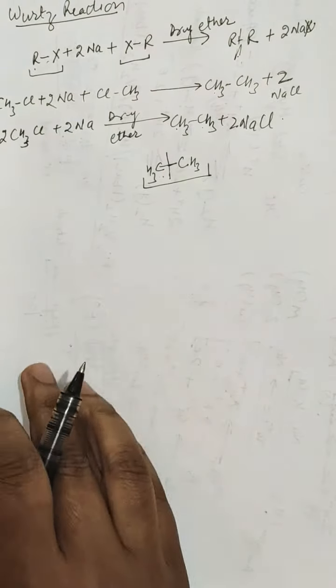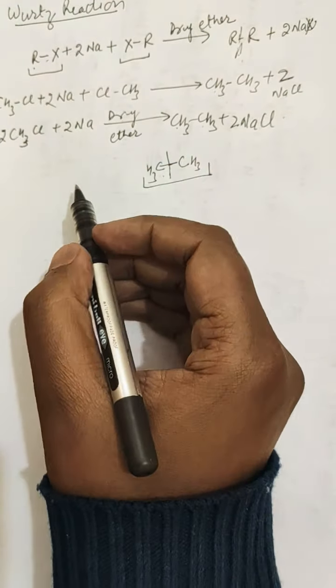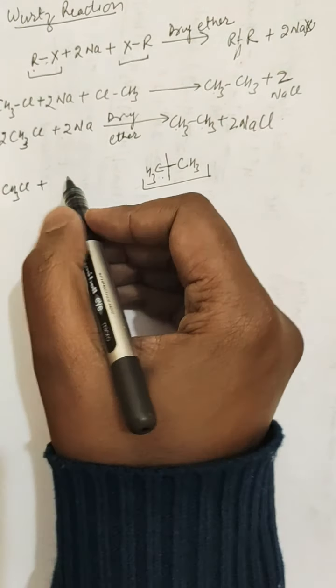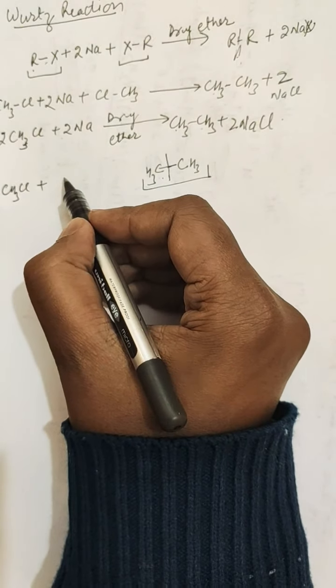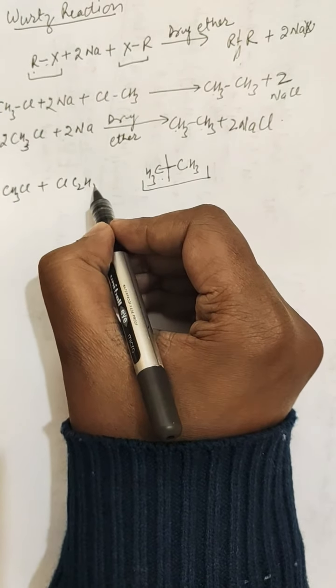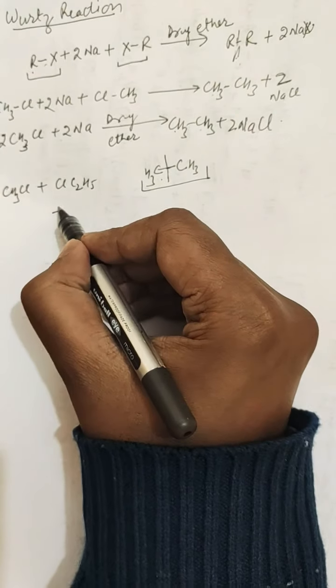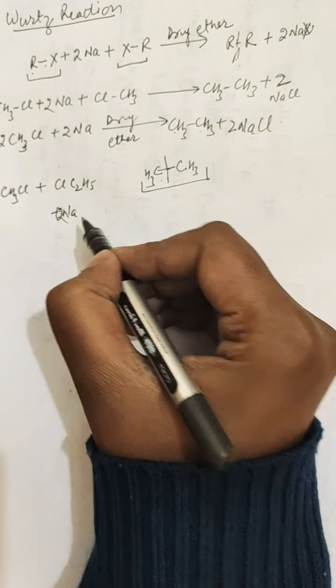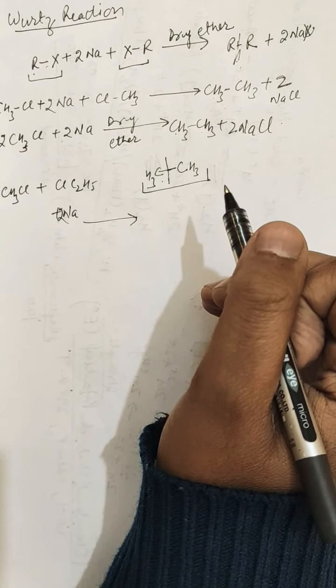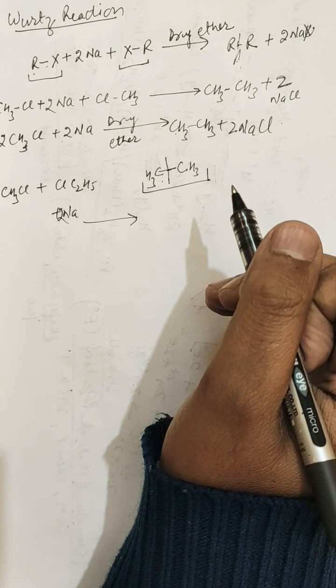And if we take different alkyl halides, for example methyl chloride plus ethyl chloride plus two atoms of sodium, it will result in a mixture of different products.